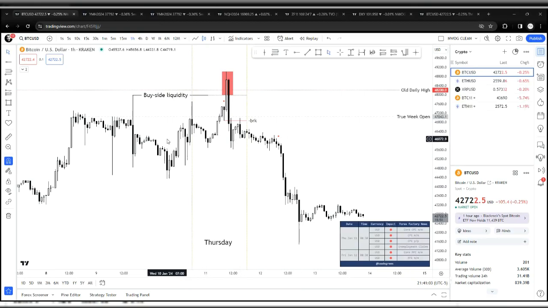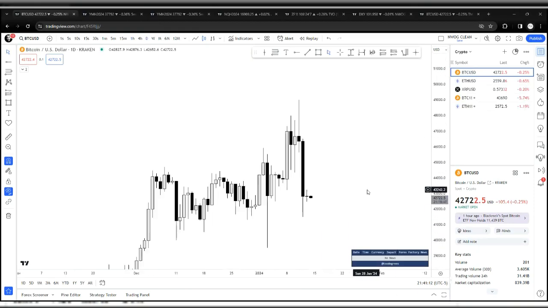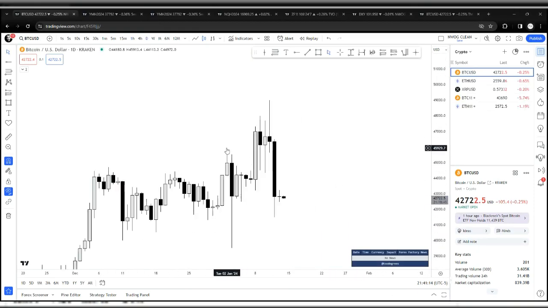I had anticipated that price would run above this liquidity right here and this liquidity right here.